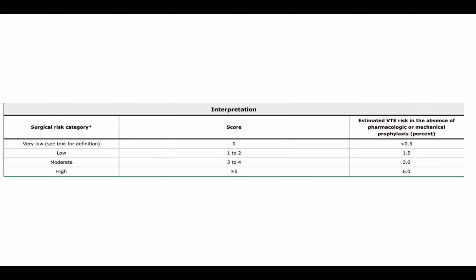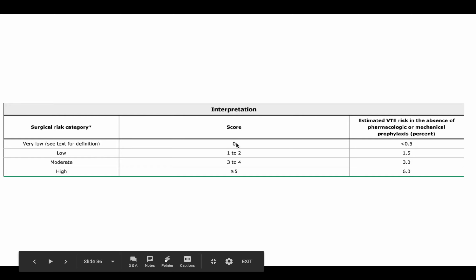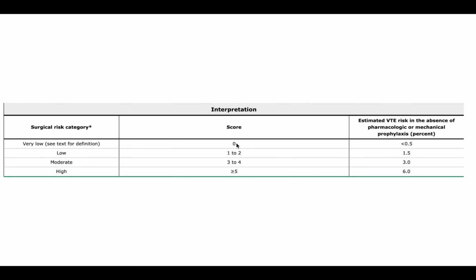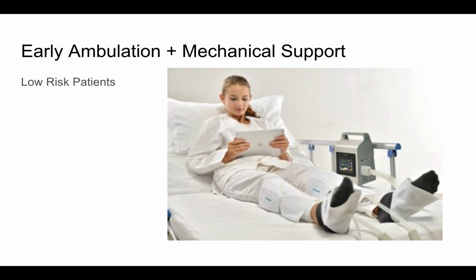In the very low risk patients, which is pretty much none of our patients, and then in the low risk, they say you can advocate for early ambulation and mechanical support, so that's SCDs that we have here, those little squeezy boots on their legs and feet, and then having them get up and walk around and not be laying in bed all the time may be enough.